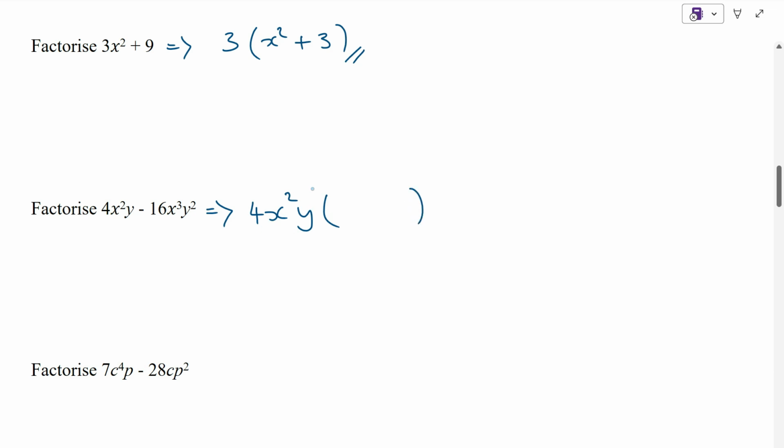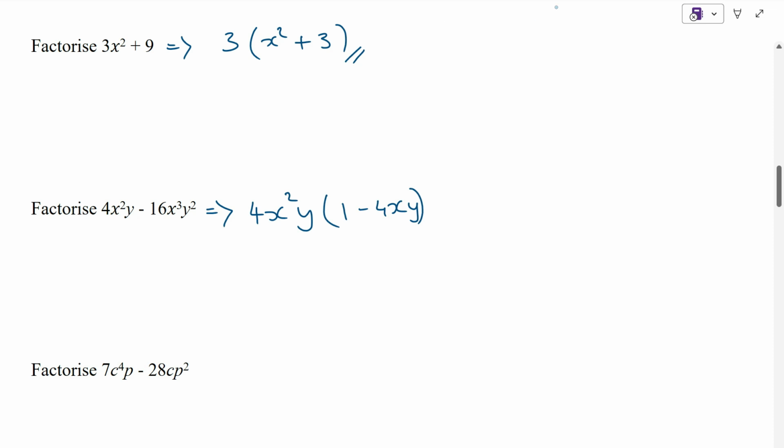What do we need to multiply 4x squared y by to get this here? 4x squared y just itself, so this is going to be 1. It's a minus sign. We're going to multiply 4 by 4 to give us 16, x squared by x to give us x cubed, and y with y to give us y squared.